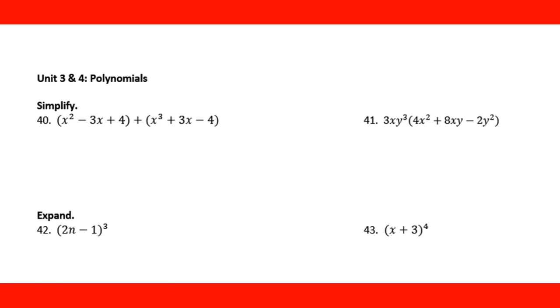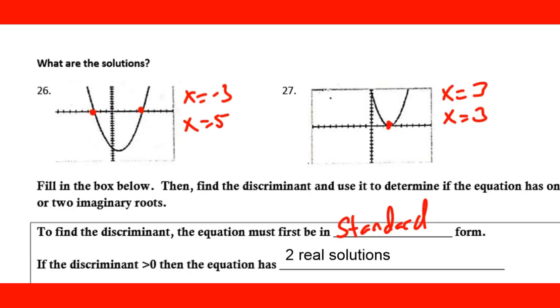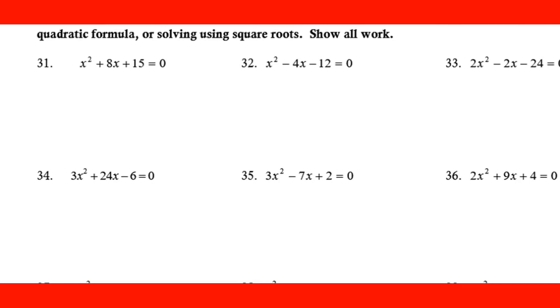So here we go. For this one, I think I can just factor it. Two values that multiply to give me 15 but add to give me 8. We're going to go x plus 5, x plus 3.